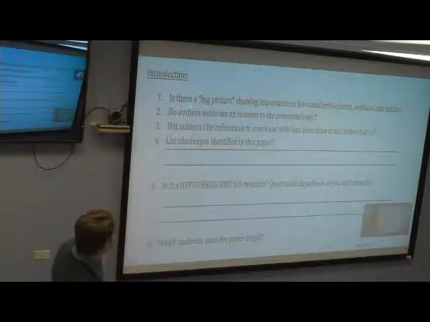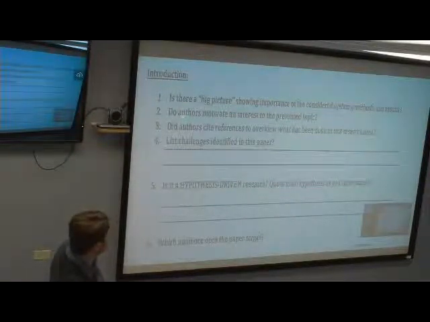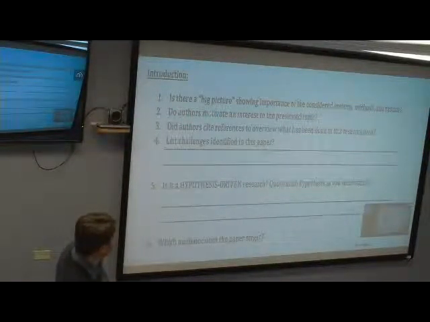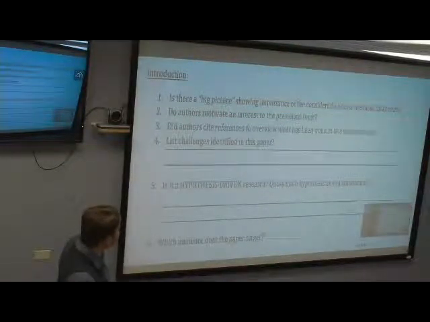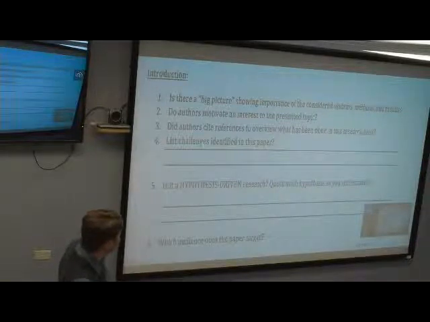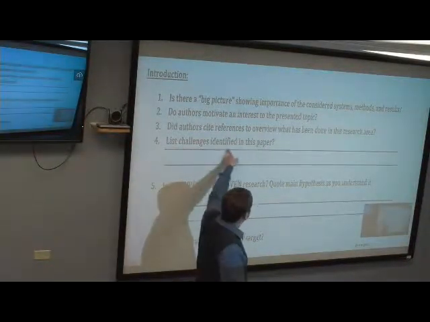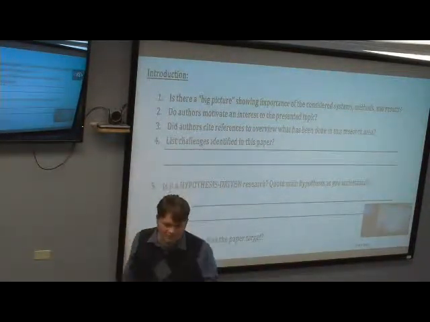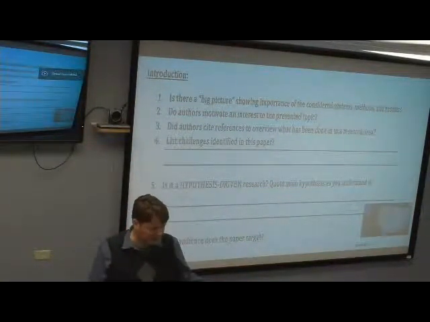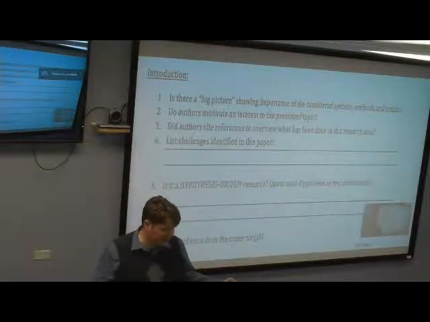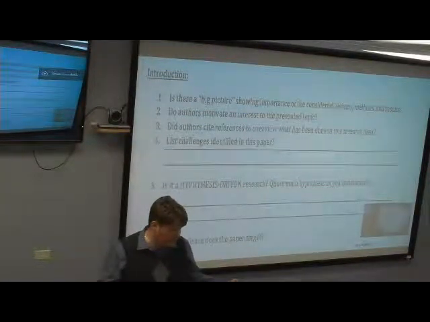So, as a reviewer, do you see the big picture? Why is this paper important? Does the author motivate interest, with references? Then the reviewer should be able to list the challenges that the author is offering, and the question to which the author provides a hypothetical answer.